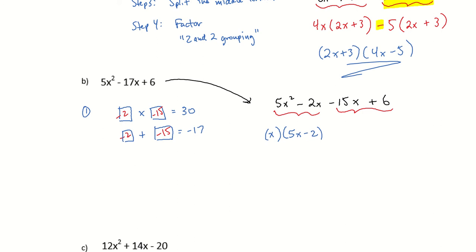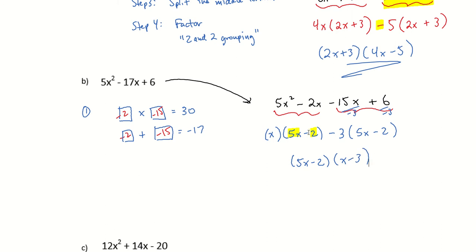In the second one, we can take out a 3, and I want a positive x term and then minus something, so I need to take out a negative 3. When I divide each by negative 3, I'm left with 5x, and 6 divided by negative 3 is negative 2. So I end up with the same thing. One of my factors is 5x minus 2, and the other is x minus 3.